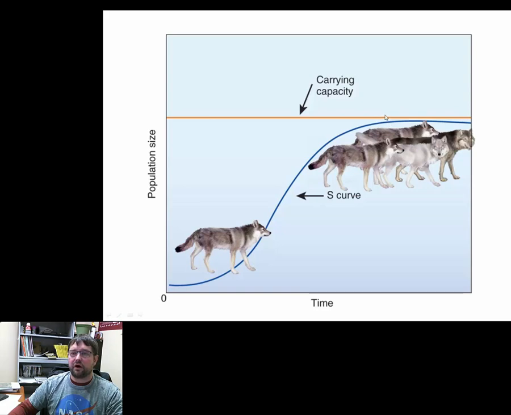So the number of offspring that are reproduced, the number of offspring that survive starts to decrease. And you can start to see that the wolves will sit there and bounce around that carrying capacity. Now in some cases they overshoot it, and they'll have a population crash, just like the moose population and some of the other populations that we'll see.